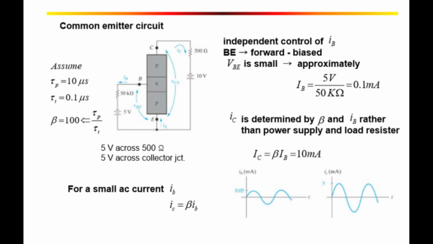The emitter junction is clearly forward biased by the battery in the base circuit. The voltage drop across the forward biased base-emitter junction is small, however, so that almost all of the voltage from collector to emitter appears across the reverse biased collector junction.